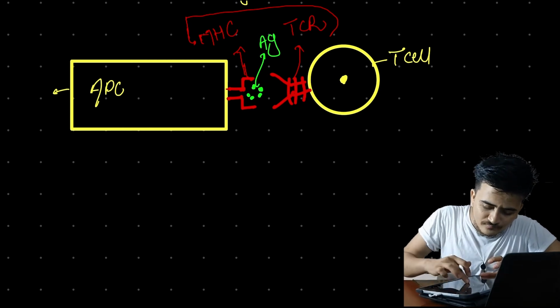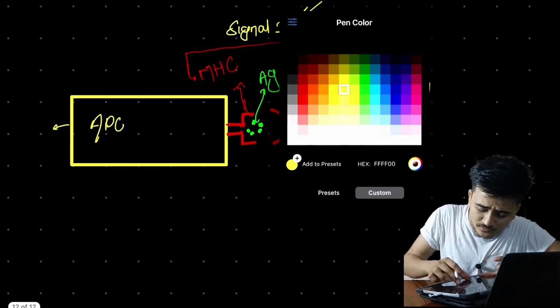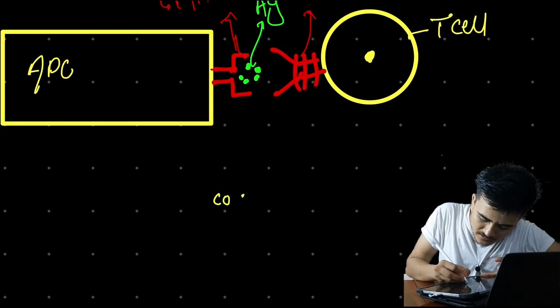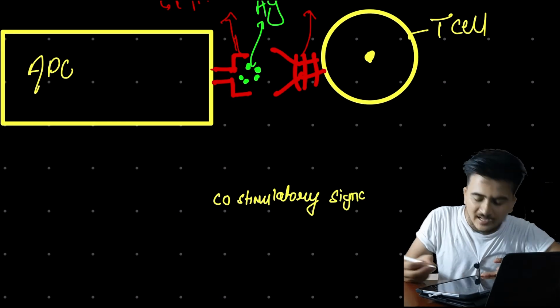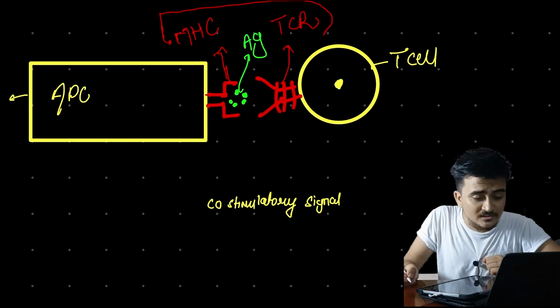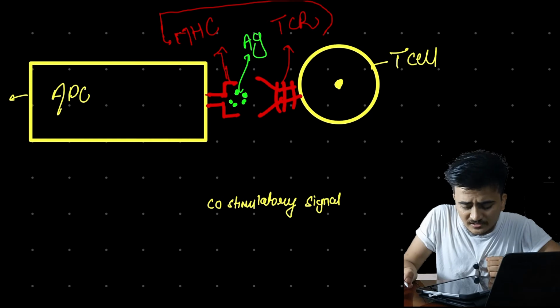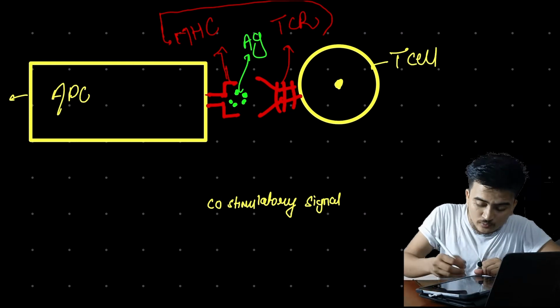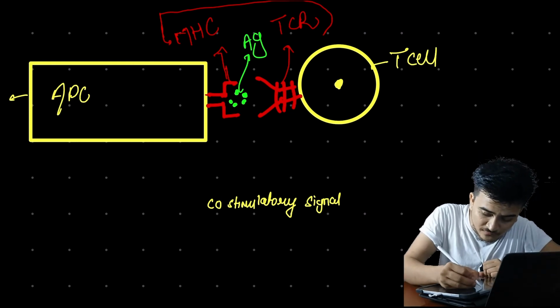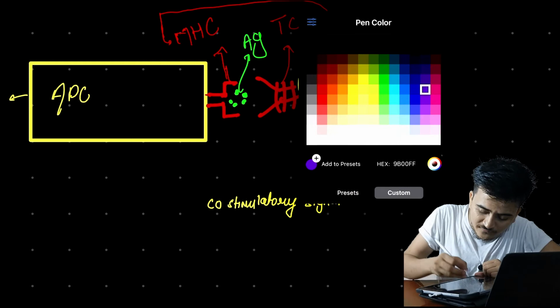What is that other one? We say this is signal 1, and the other one is the co-stimulatory signal. And how is this co-stimulatory signal produced? If you remember, in T cells we learned about CD28 molecules that were expressed on the surface of T cells.